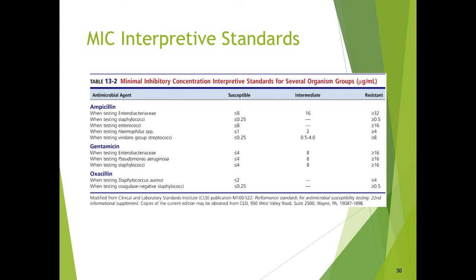If your MIC is 32 or greater, that means the organism is resistant to that antibiotic. If it's anywhere in between, then it's intermediate, so you can't really say it's susceptible or resistant at that point. Depending on the organism you're testing, is it a staph, an Enterococcus, a Haemophilus, you would use those MIC reference standards based on what you're testing.